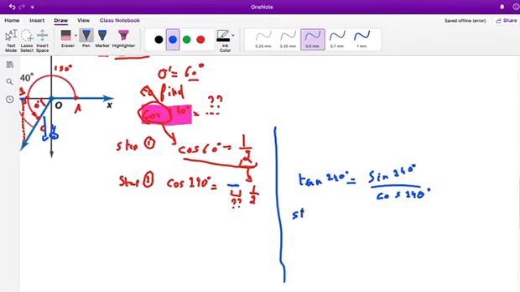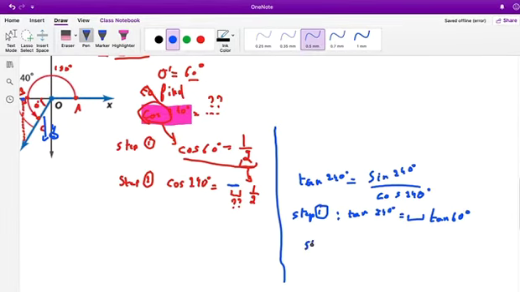We divide it into steps. Step 1: tangent 240 is the same as tangent of 60, but there is a sign missing. Tangent of 60 is equal to radical 3.